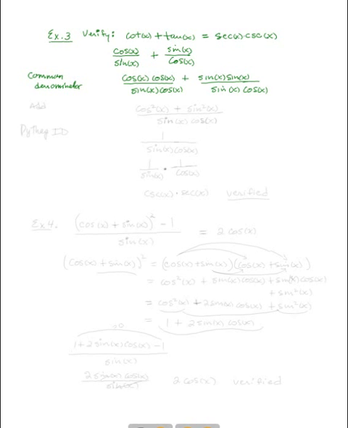And so now we just add the fractions. And we can also simplify. Cosine times cosine is cosine squared. So in the numerator we have cosine squared plus, in the other numerator we have sine squared, and that's all over the common denominator, sine of x times cosine of x.